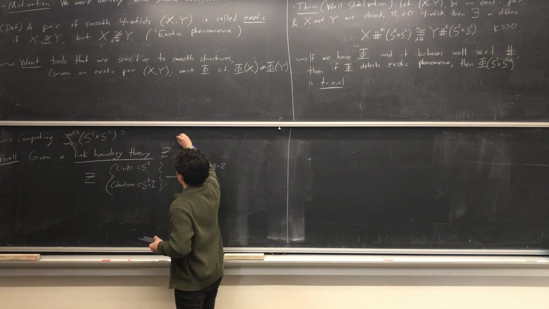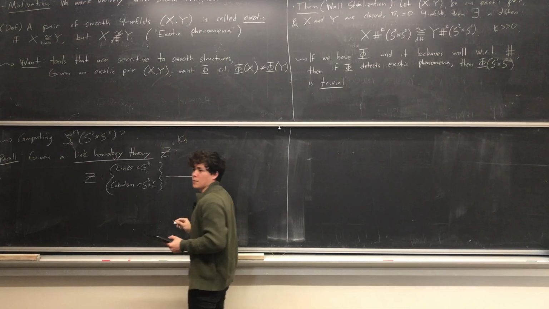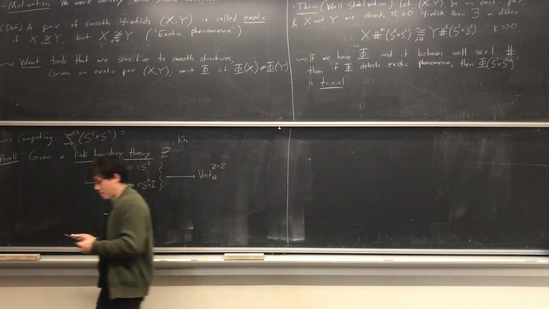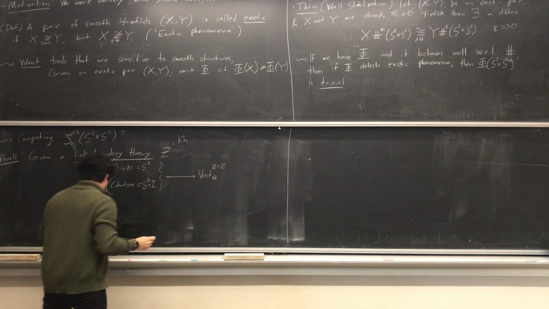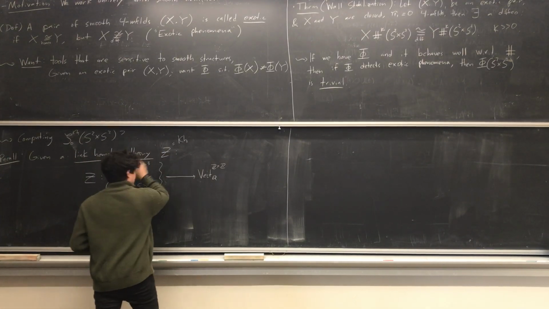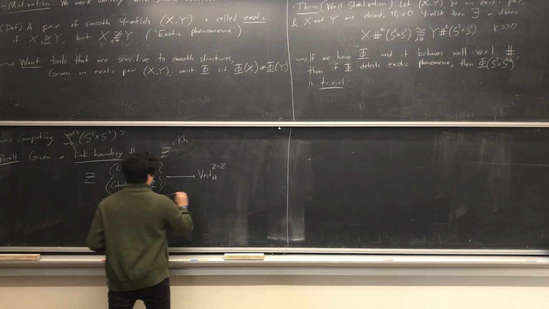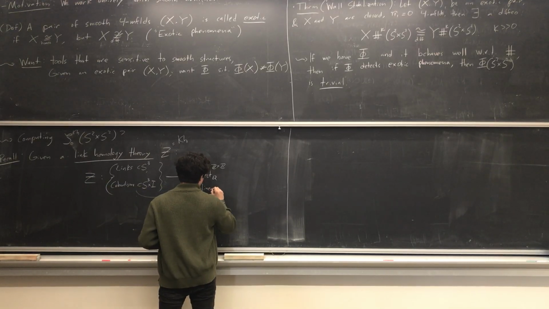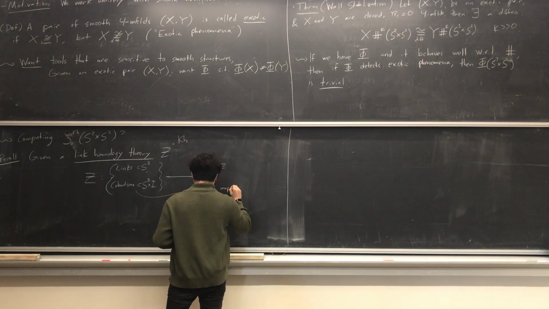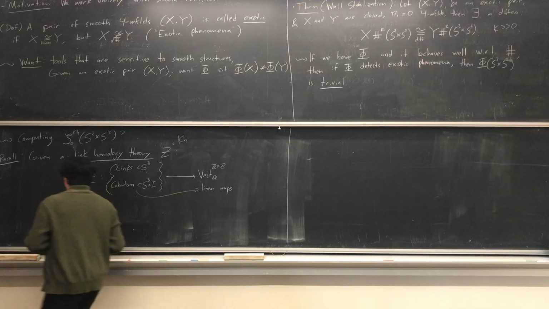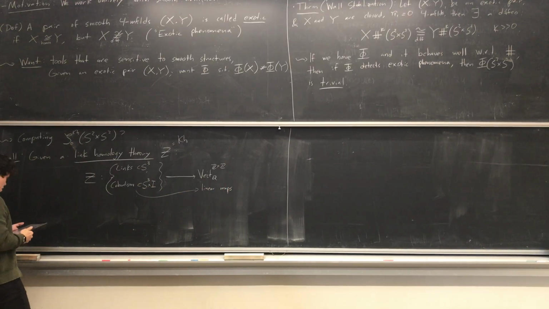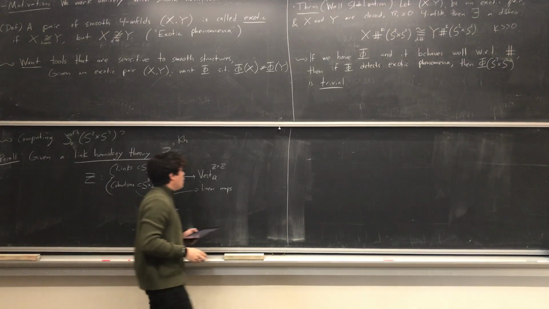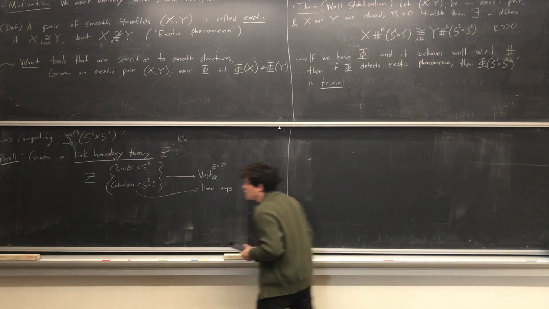Throughout this talk, this will just be Khovanov homology the whole time. So links give you vector spaces, and cobordisms give you linear maps.